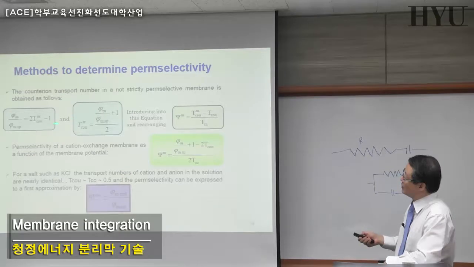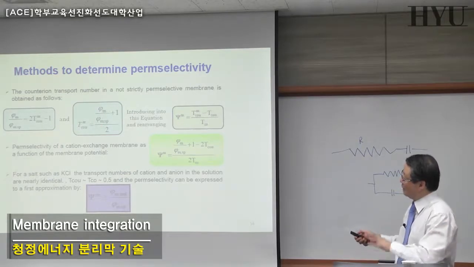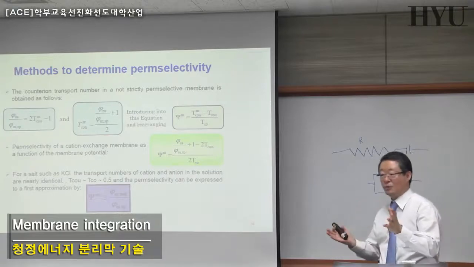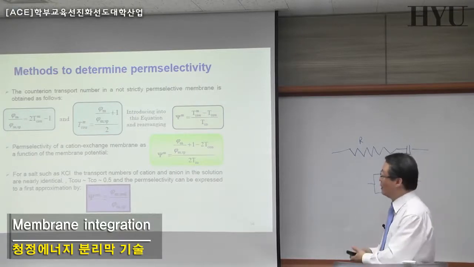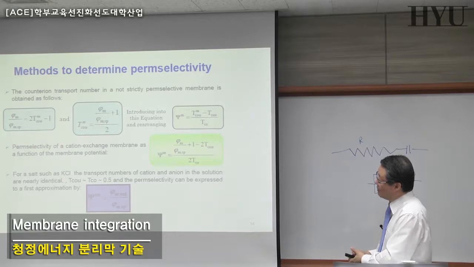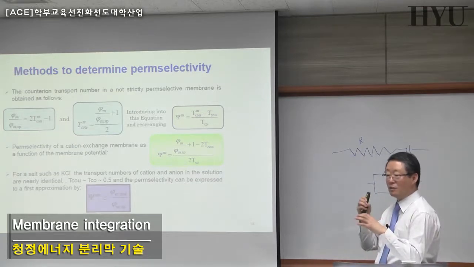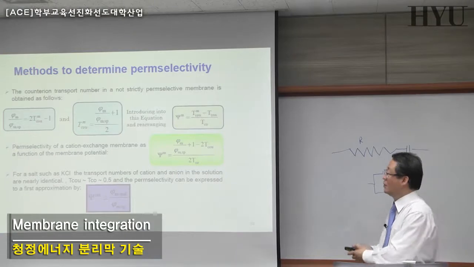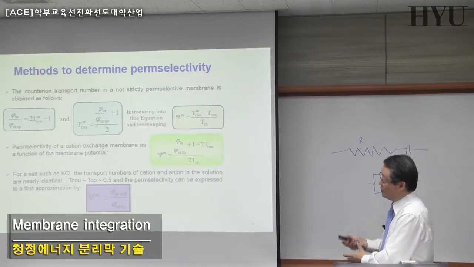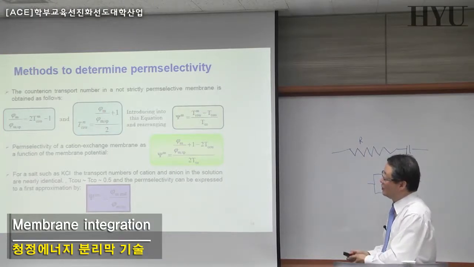We can rearrange this equation by knowing here. And anyway, there is some relationship between the membrane potential and the imaginary part and the real part in this case. So by adding a small amount of salt in the solution, we will be able to determine the different transport numbers in this case.